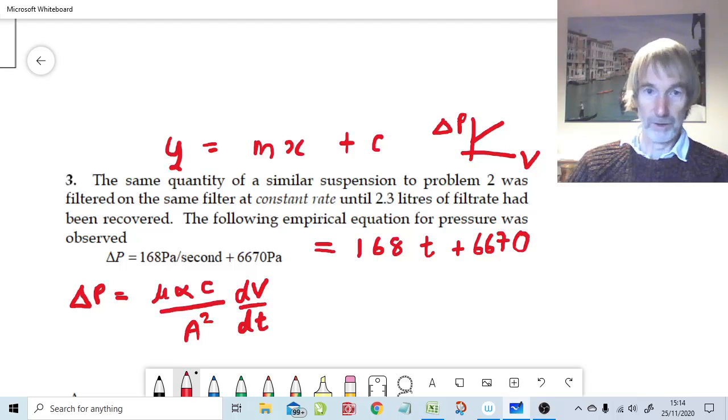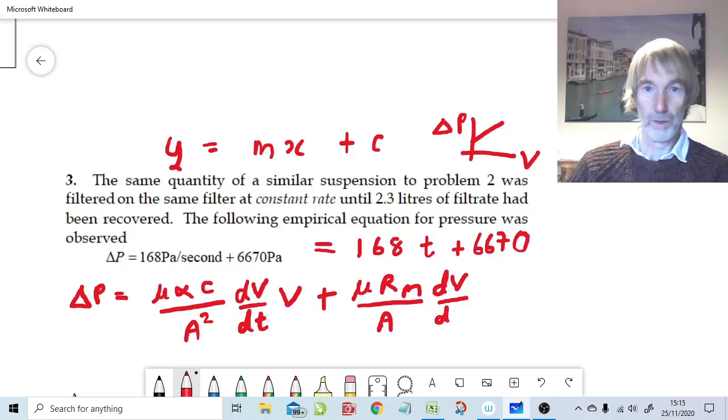V and T aren't constant, but dV/dt is. And then there we have our volume, the independent variable, the cumulative volume of filtrate at any one time. And then we have the pressure drop over the filter medium, which is the viscosity of the filtrate multiplied by the filter cloth resistance, and then that's all over area. And again we have dV/dt just here, but that's a constant, hence we have that intercept.